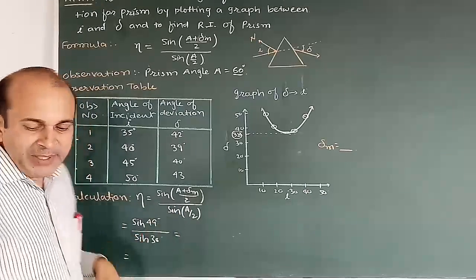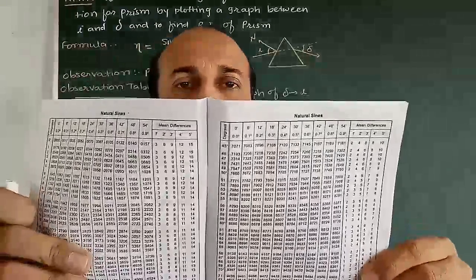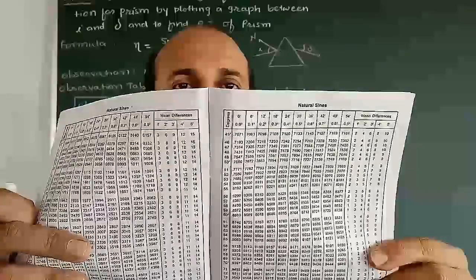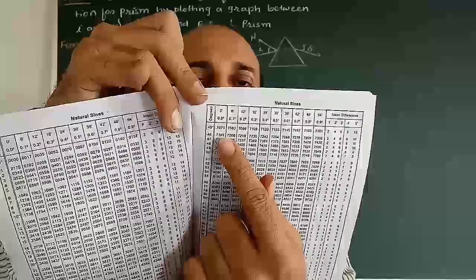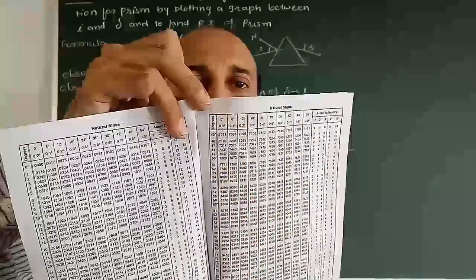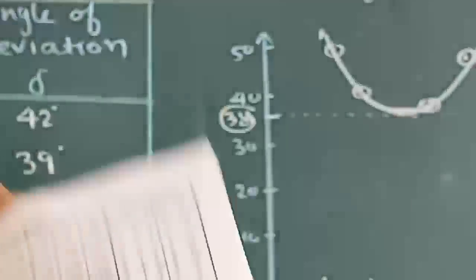Now from the natural sine table, you can find the value of sin 49 degrees here.